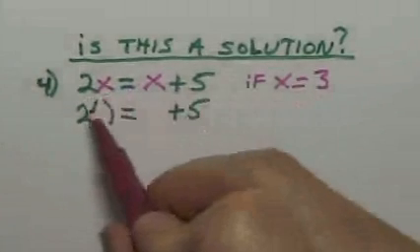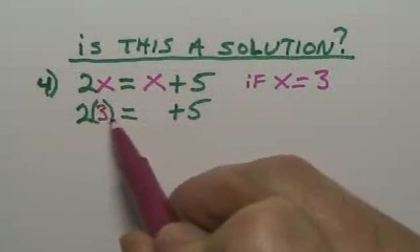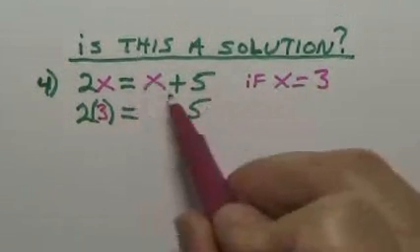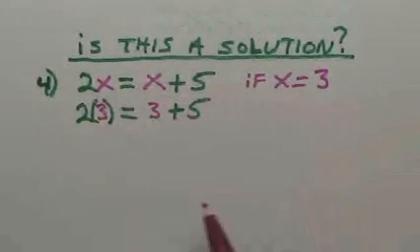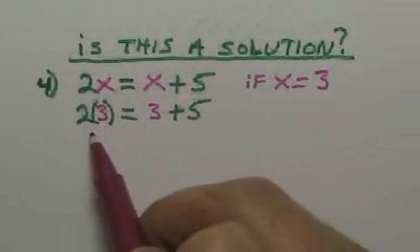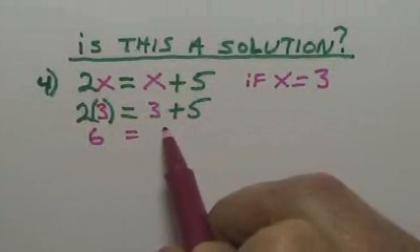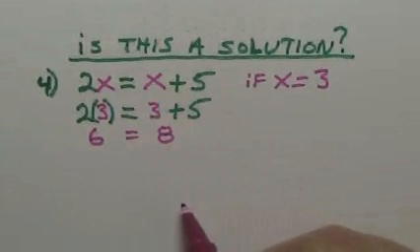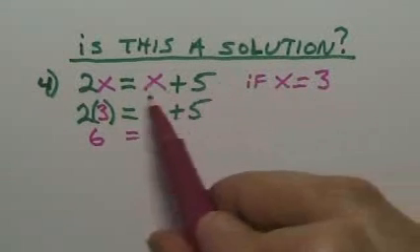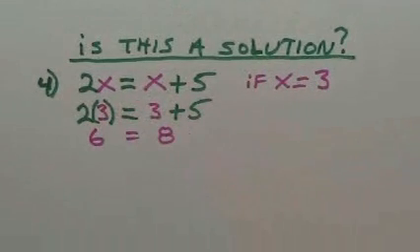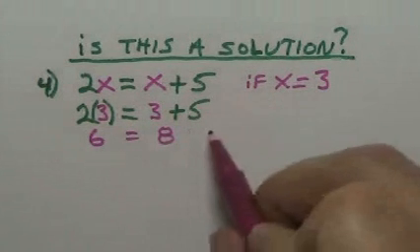So if I put a 3 in there for x, I have 2 times 3. And put a 3 for x there, I have 3 plus 5. Let's see, 2 times 3, that's 6. And 3 plus 5, that is 8. So the question is, does 3 work for this? The answer is no.